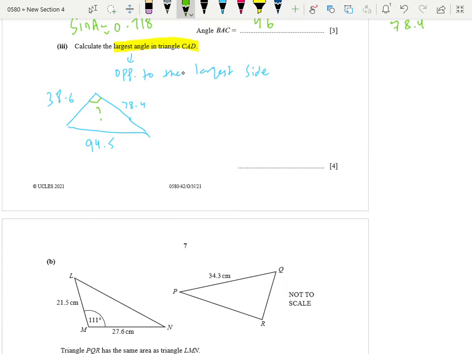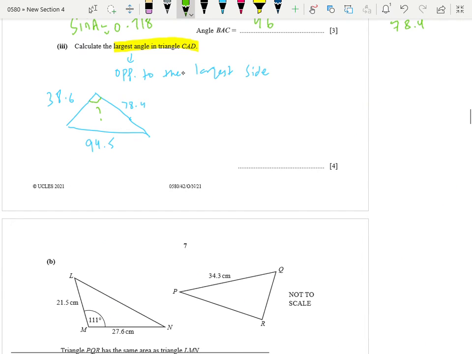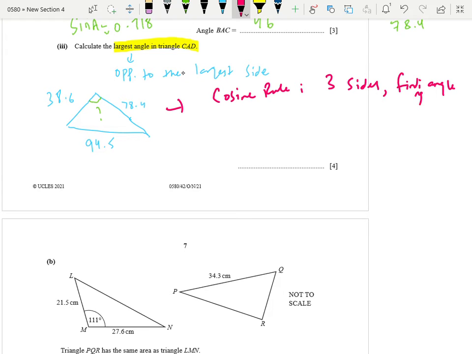Since this is a non-right angle triangle, there is no right angle mentioned for this particular triangle, we are going to use the cosine rule, because the cosine rule does the best job when you have three sides and you are looking for an angle, right?